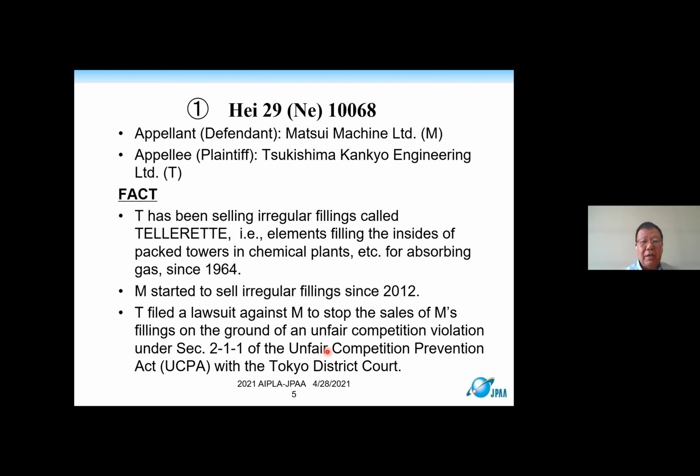Tsukishima has been selling irregular fittings called Terralite, elements filling the inside of packed towers in chemical plants for absorbing gas, since 1964. And Matsui started to sell irregular fittings in 2012. So Tsukishima filed a lawsuit against Matsui to stop the sale of Matsui's fittings on the ground of violation of fair competition.